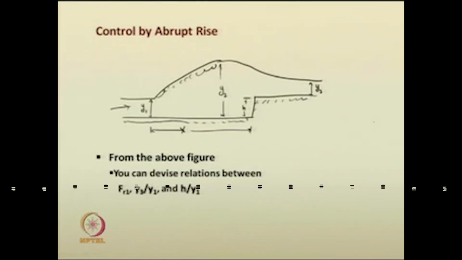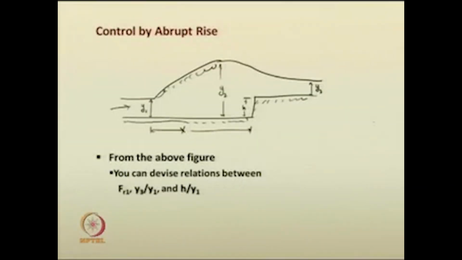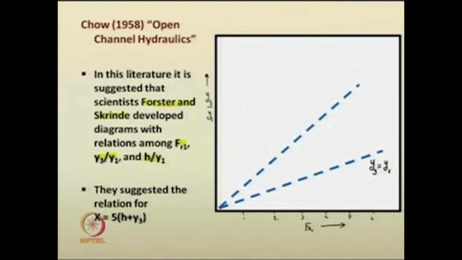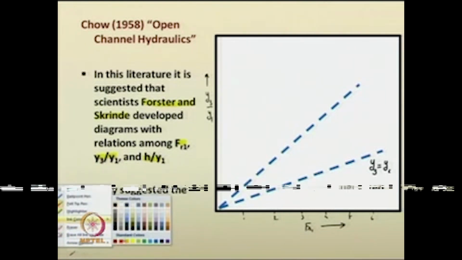You are providing a jump from supercritical to subcritical conditions. Later on it cannot come back into the supercritical again, so that is not advisable. So, critical depth is the minimum possible condition here. Here y3 is equal to yc, that condition can be incorporated.